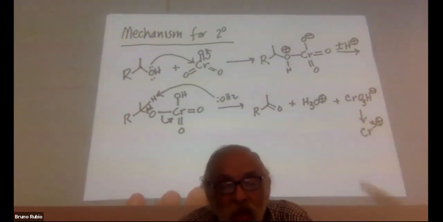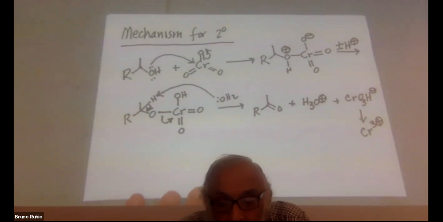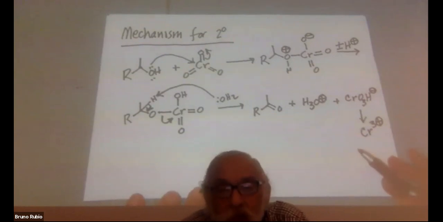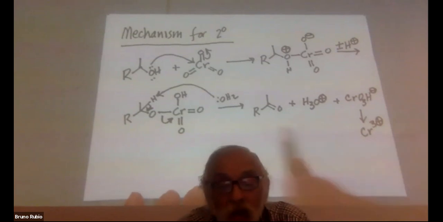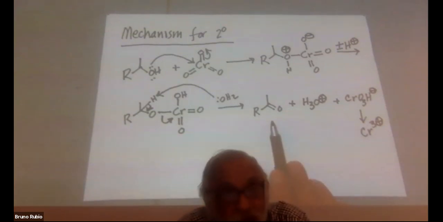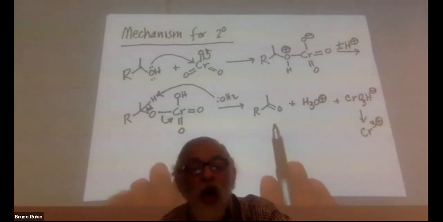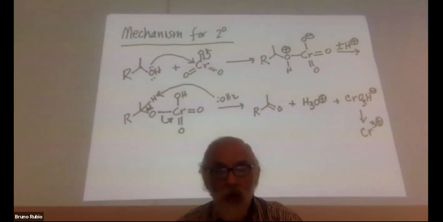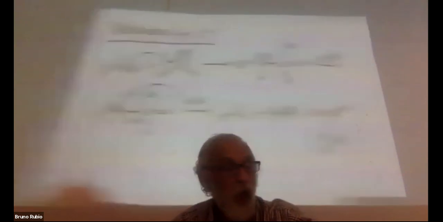It forms a special kind of alcohol called a geminal diol, and that undergoes yet another cycle of oxidation using this chromium trioxide. Well, a secondary alcohol doesn't do that, and let's explain why the mechanism comes to a screeching halt here.